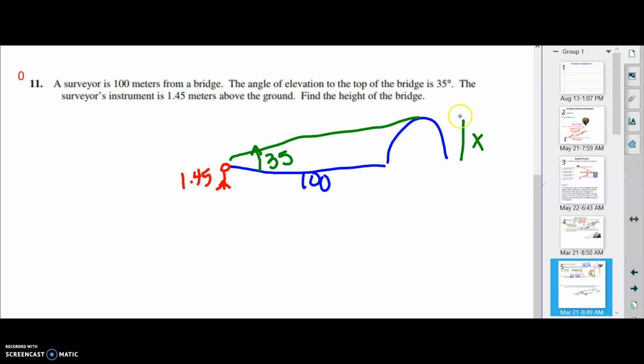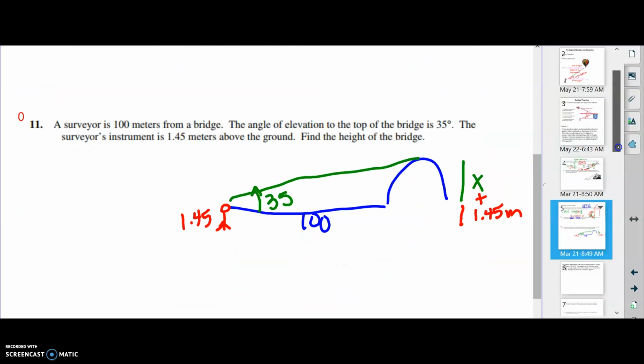So when you figure out how tall the bridge is, the x, you are also going to need to add on that 1.45 meters. There is a problem in your homework like that. I did put a hint there for you so that you could remember to add on the height of the person or the height of the instrument.